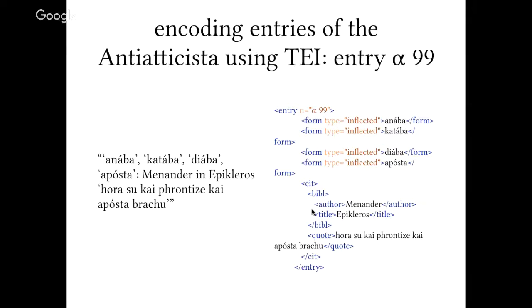They all have the same accentuation pattern. The example from Menander's Epikleros that follows, Menander the comic poet, Epikleros the title of the comedy, actually gives us only one of these forms. It is cited, "horasi kai phrontize kai aposta brachy", which gives only the aposta form. The other forms are there in order to make clear that we have imperatives here.